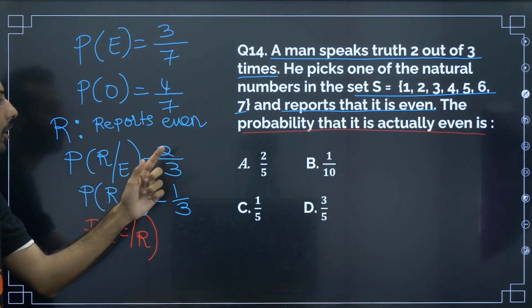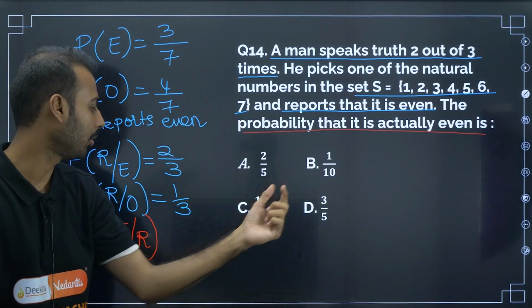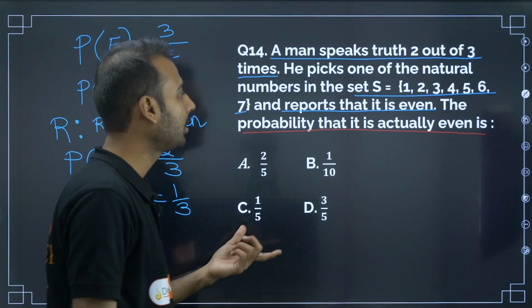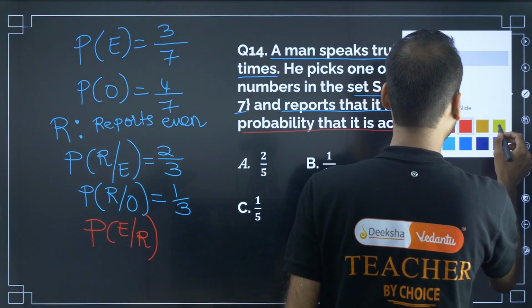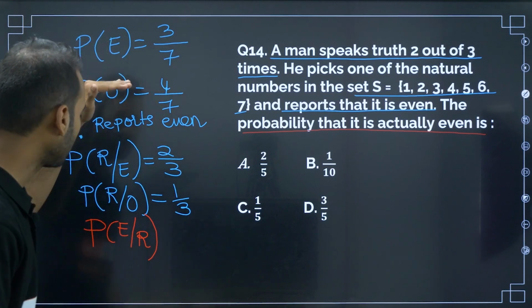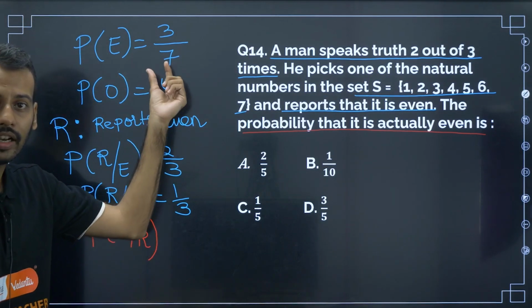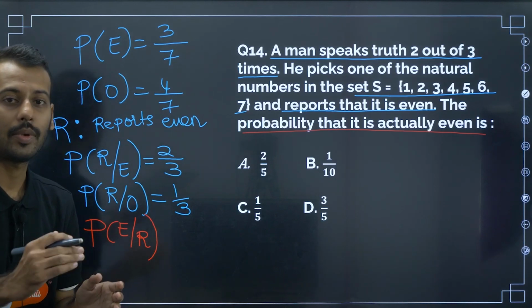So already it is reporting even, and the probability that it is actually even, given reporting even, is what they are asking to find. Now this data, you try to relate it with Bayes theorem.